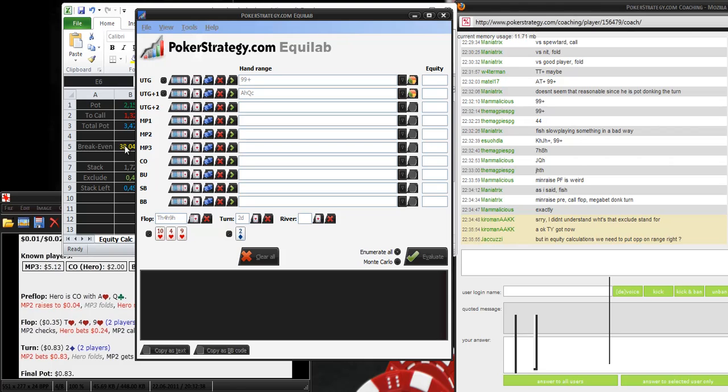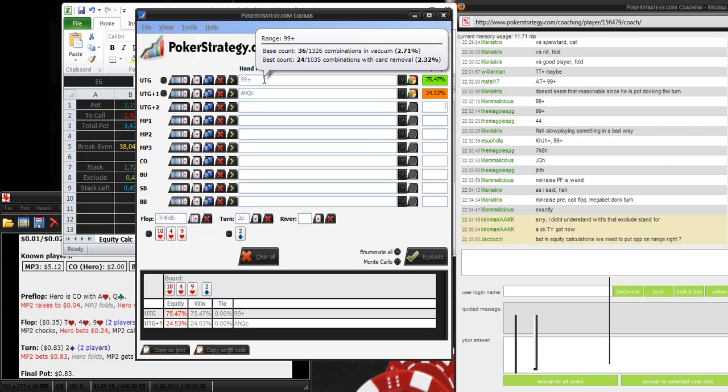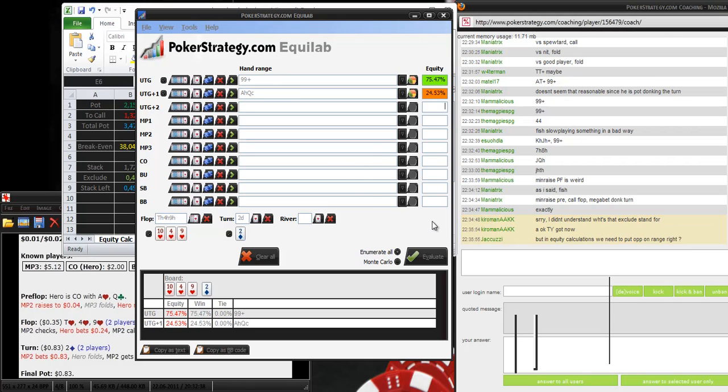We just calculated how much equity we would need, and in this spot we just press evaluate, and we see that hero gets only 25% equity, which means hero is never going to be profitable in the long run, and against that kind of range we are making no profit, and this should be minus EV.